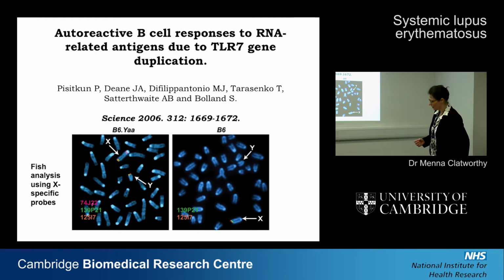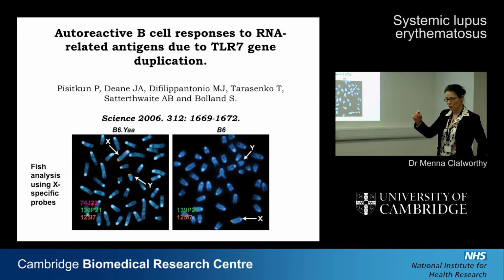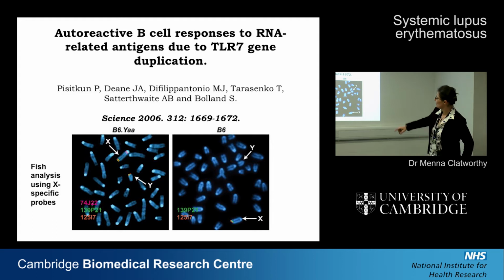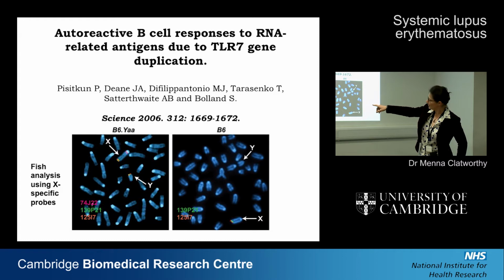So what they did was use fluorescence in situ hybridization, where you use probes that recognise specific sequences found on bits of chromosomes, and they're fluorescently labelled so you can see them. Hopefully you can appreciate, here's a black 6 mouse on the right, and here's our BXSB derived mouse on the left.